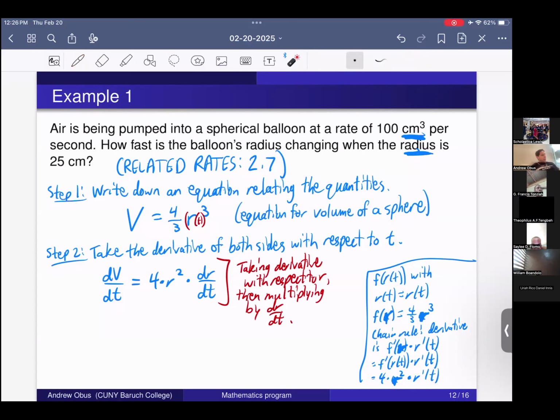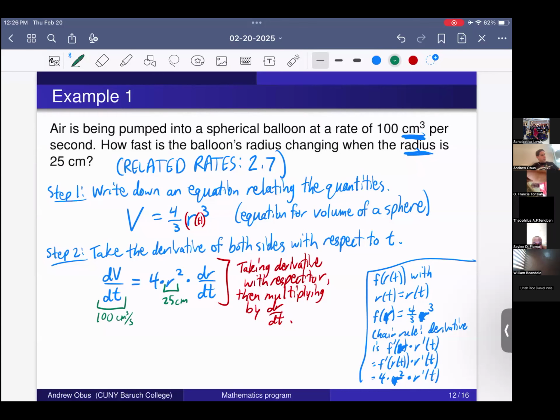And so now we can actually answer the question: how fast is the balloon's radius changing when the radius is 25 centimeters? Well, here our radius would be 25 centimeters. And we know that the volume is changing at 100 cubic centimeters per second. So this is 100 centimeters cubed per second.